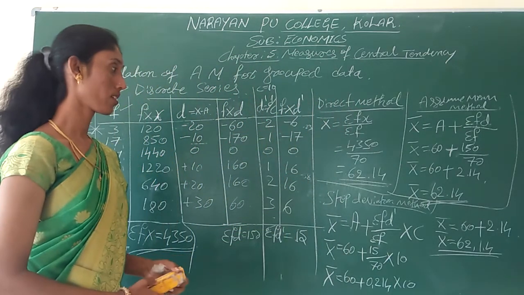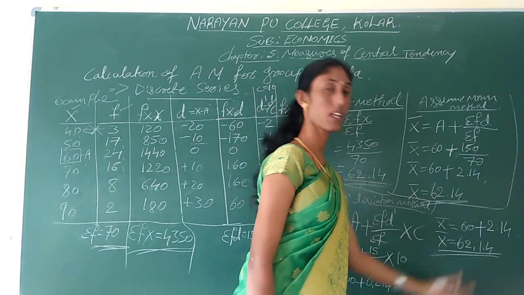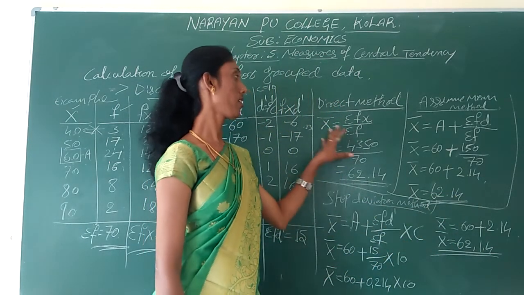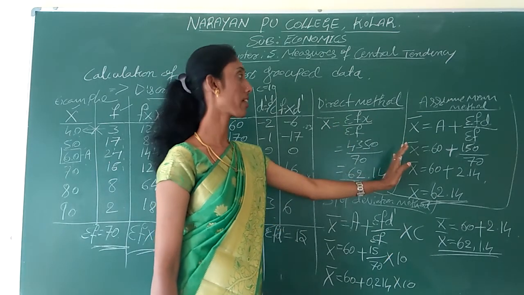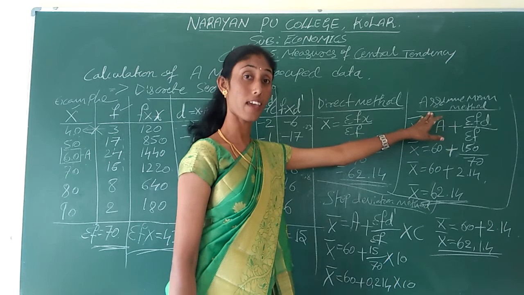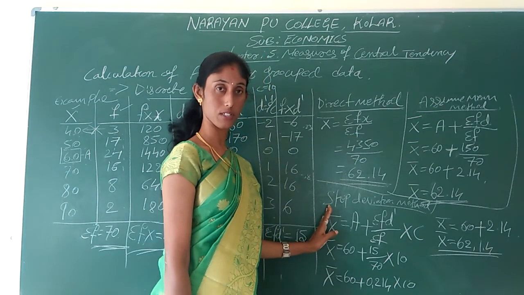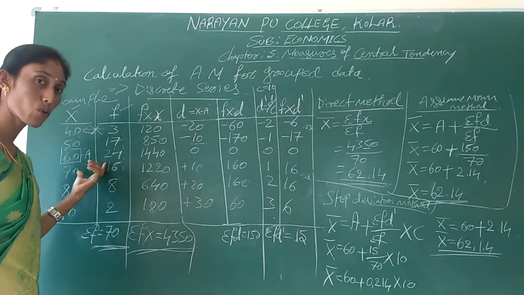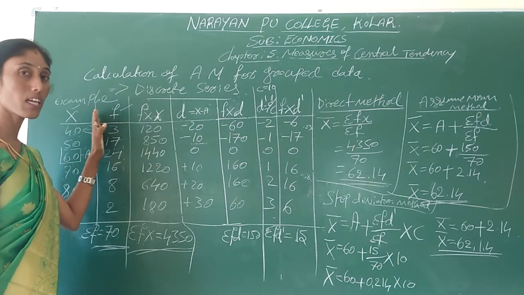This is how. See, we obtained the same answer from all three methods, but the steps are a little bit different. This is the direct method, and to simplify this further we have the assuming method. Again, to simplify the assuming method, we have the step deviation method. Once again I will repeat. We will have two columns: one is observation and another is frequency.